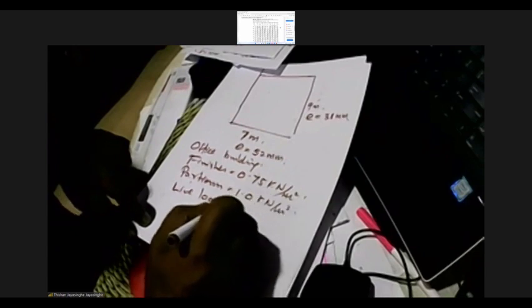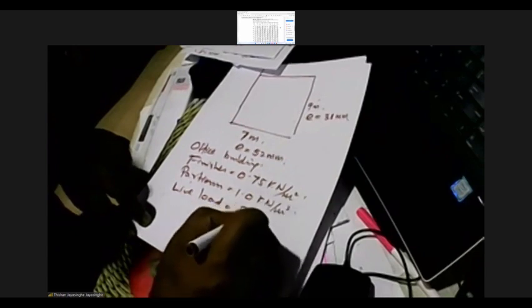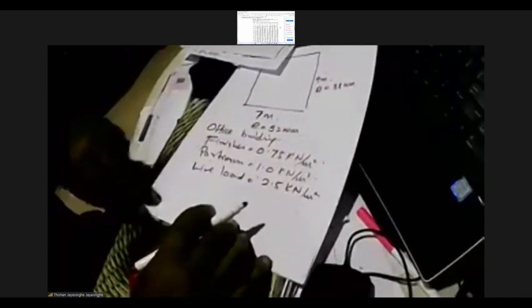Live load at 2.5 kilonewtons per meter squared. So we'll take this as a dead load, this as a live load.